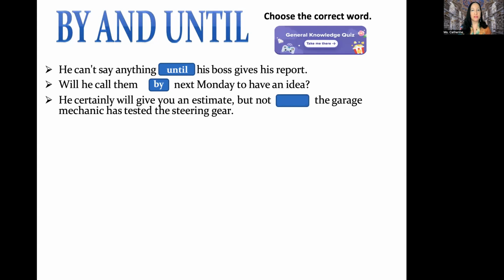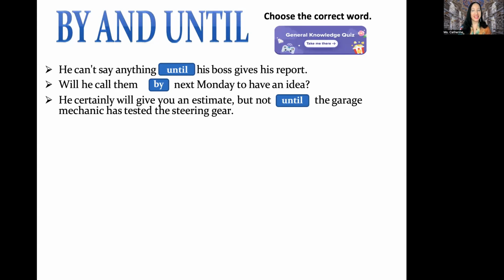He certainly will give you an estimate, but not blank the garage mechanic has tested the steering gear. He certainly will give you an estimate, but not by the garage mechanic, or but not until the garage mechanic has tested the steering gear. Here's another tricky one.